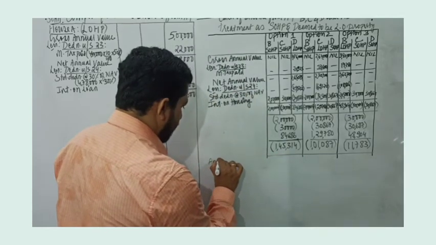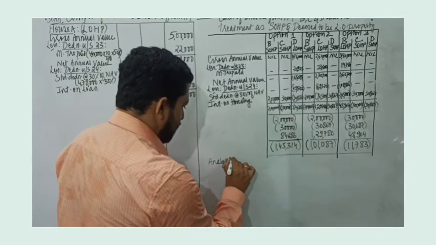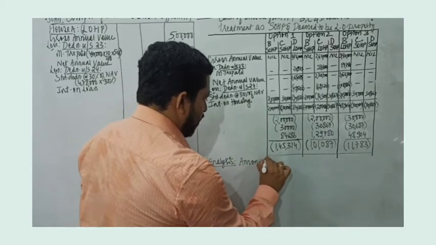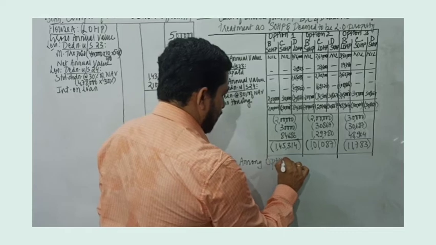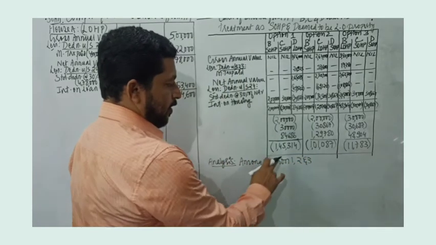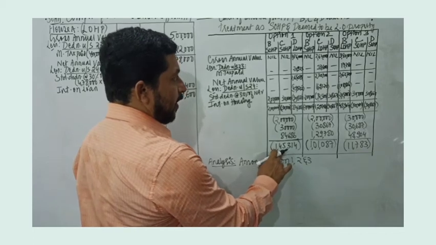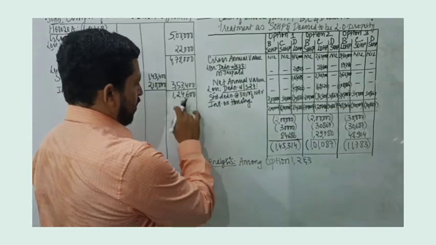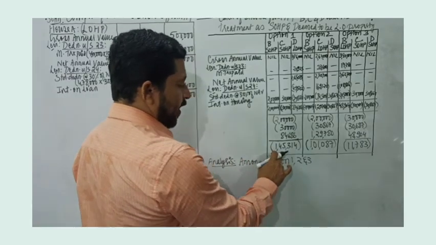And if you see, among the 3 options that are available right here, I can record this as analysis. Among option 1, 2 and 3, SSC is getting the benefit under option 1, which is more, because he can claim maximum deduction from this since it's a negative value.